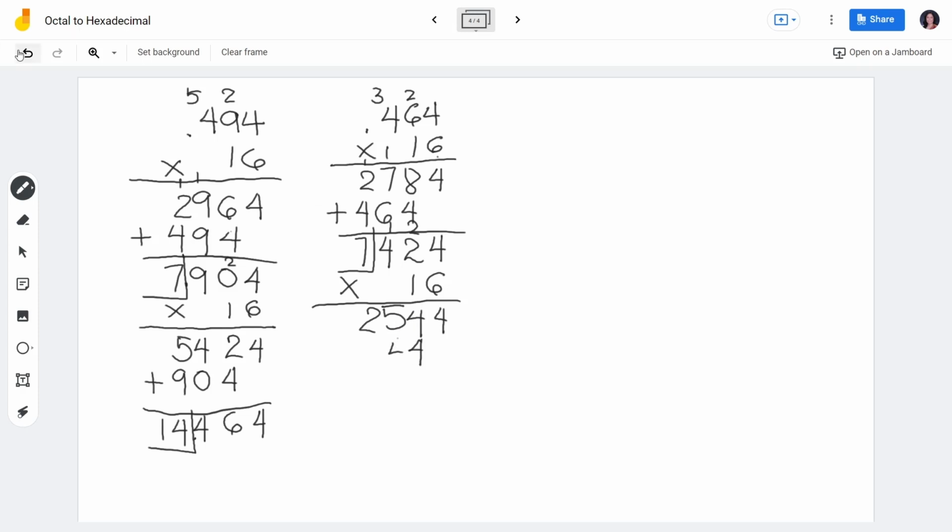Wait, I'm going to erase it. 1 times 4 is 4, 1 times 2 is 2, 1 times 4 is 4. Then bring down 4. 4 plus 4, 8. 5 plus 2 is 7. And then 2 plus 4 is 6.